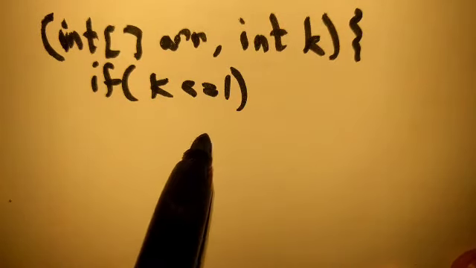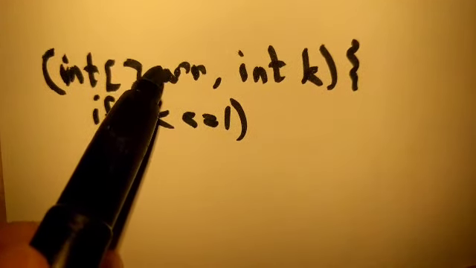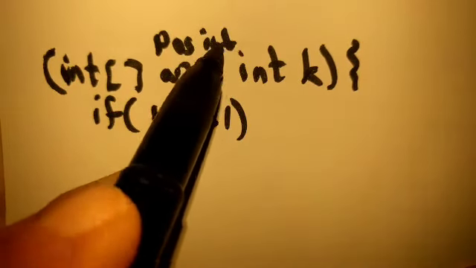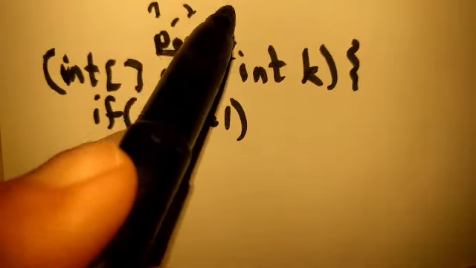We said that the array contains positive integers, so it's only 1, 2, 3.